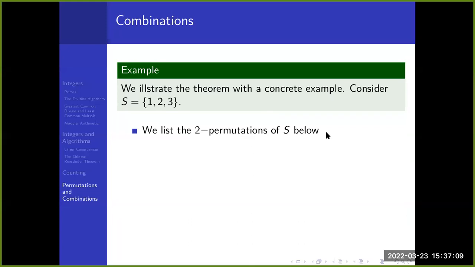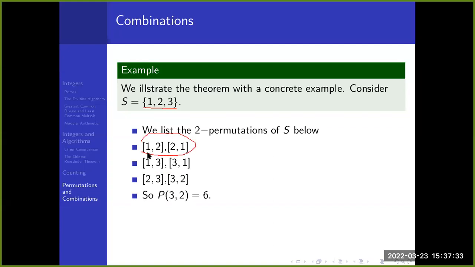So this one is supposed to illustrate how the theorem works. We basically get the total number of 2 combinations from a set with 3. So you list all the different permutations, and we know there are 6, but then they are repeated.